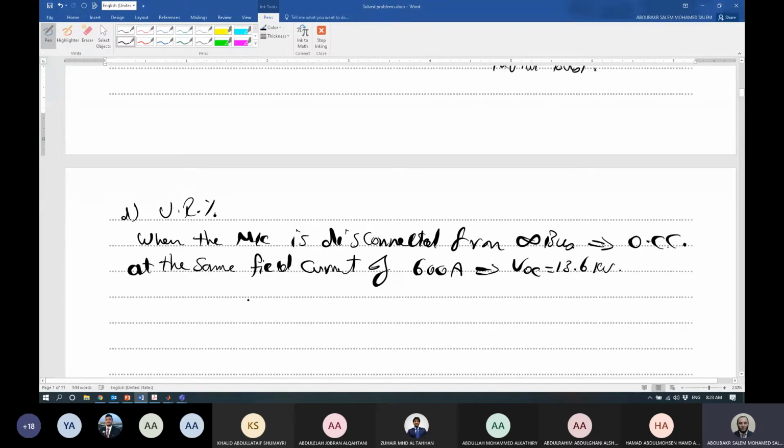13.6 kilovolt. So voltage regulation in percent equals V no load minus V full load over V full load. V no load is 13.6 minus V full load, which was 15, over 15. Take care that this value is line to line, because we get it from the curve and all of the curve is plotted as line to line.